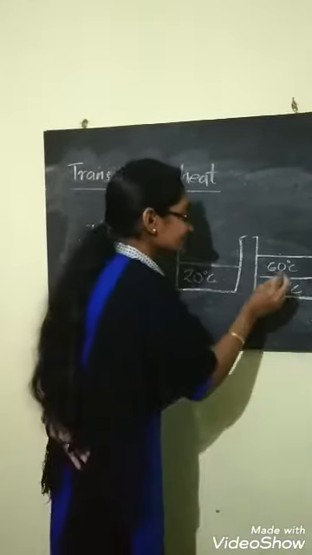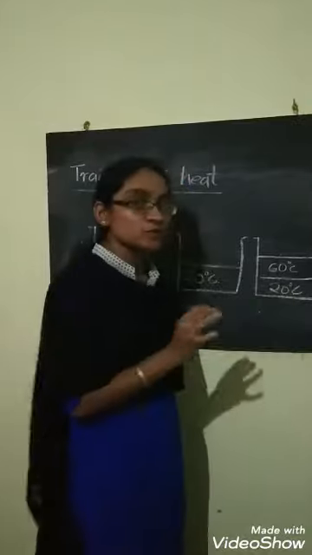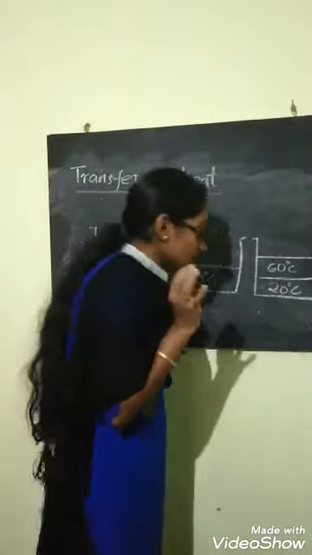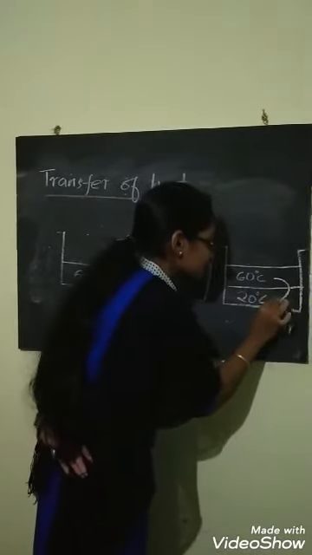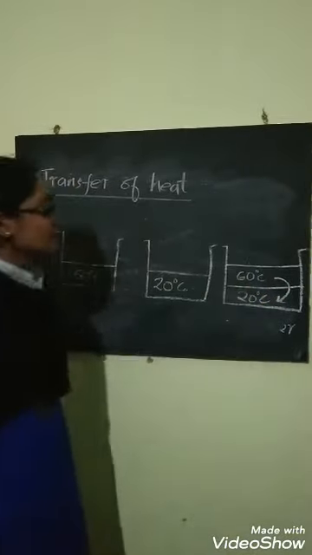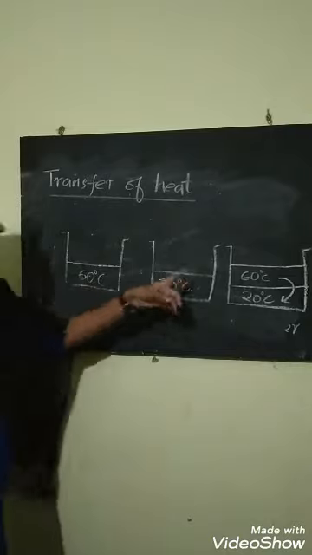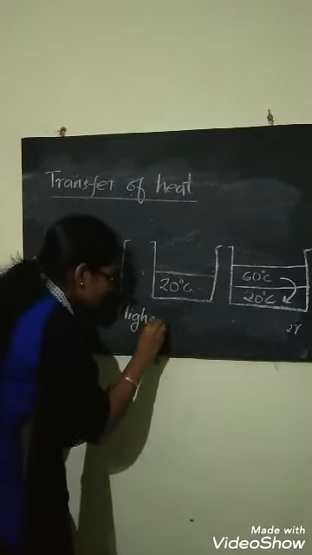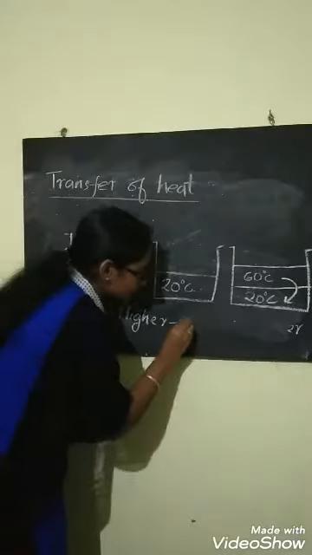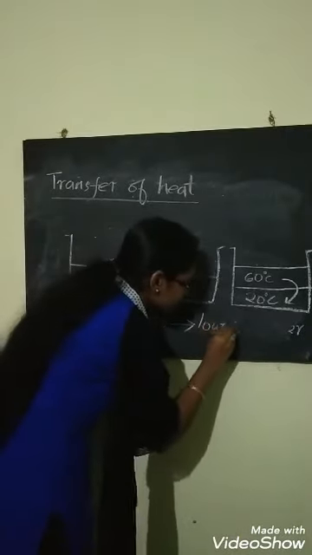The question is, where will this heat flow from and to? You know that this heat will flow from 60 to 20. That is, the heat is flowing from higher temperature to lower temperature.